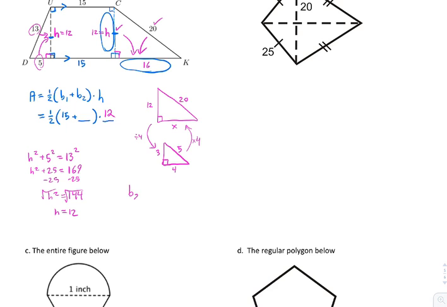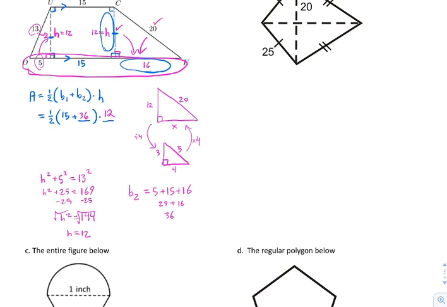So the second base then is equal to the entire length on the bottom here. So the second base is 5 plus 15 plus 16, or 20 plus 16, or 36. So I put 36 in here. And then it just becomes arithmetic. So I'm just going to move this down a little bit.